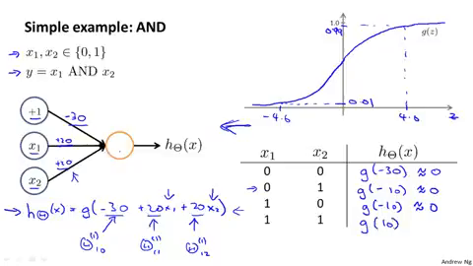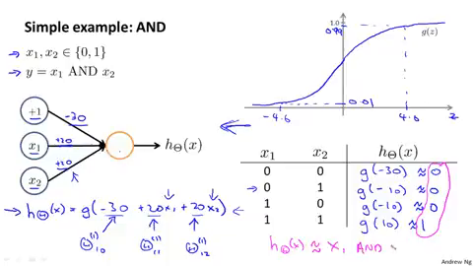So that's g of positive 10, which is very close to 1. And if you look at this column, this is exactly the logical AND function. So h of x is approximately x1 AND x2. In other words, it outputs 1 if and only if x1 and x2 are both equal to 1.